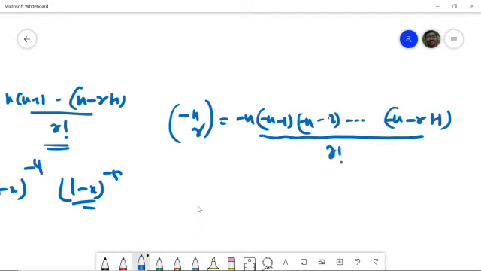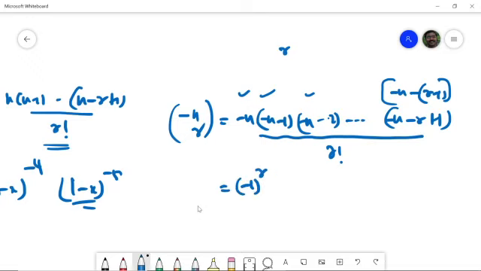If you take the minus outside, how many minus signs would there be? When you take the first two terms, for minus n minus 1, you will have 2 minus signs. In minus n minus 2, there will be 3 minus signs. When it is minus n minus r plus 1, this is actually minus (n + r - 1). So you will have r minus signs, and when you take them out, it is (-1) raised to r.